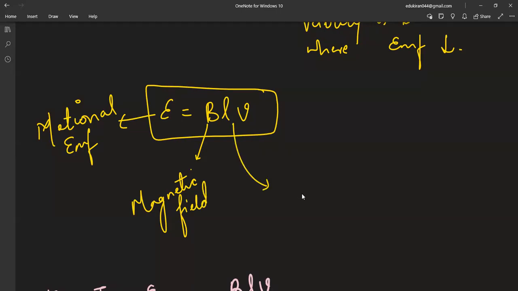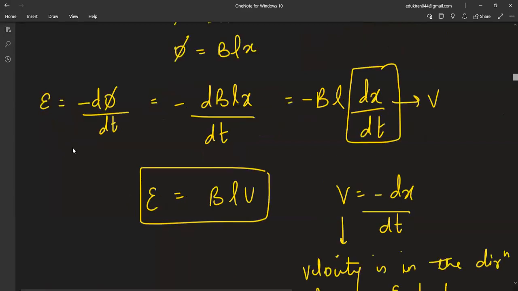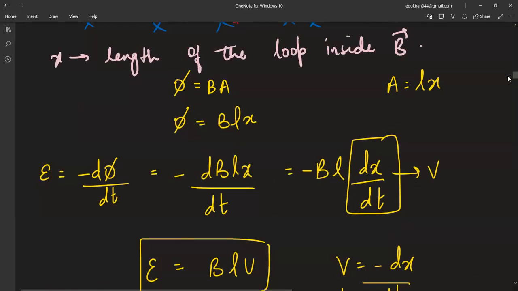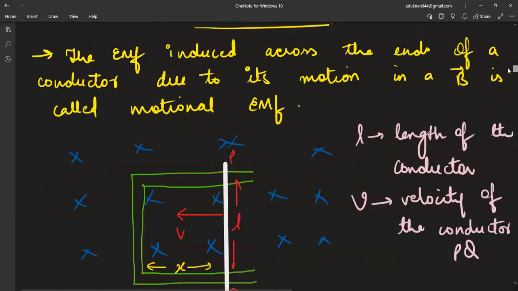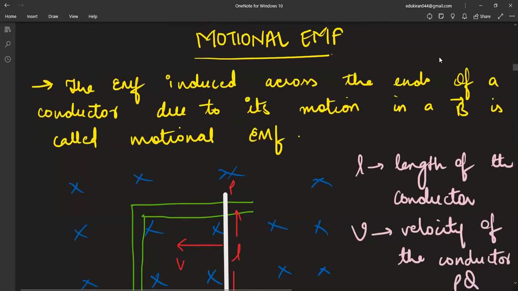L is the length of the conductor, and V is the velocity of the conductor, the conductor PQ which was sliding. That's it. This is just the derivation. Actually, it's just a one-liner derivation. But this comes a lot in many papers. I have found this derivation of motional EMF coming often. Note it down.